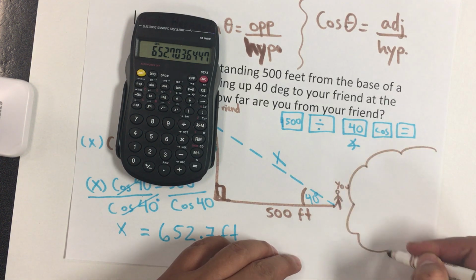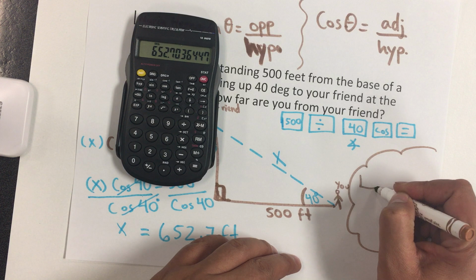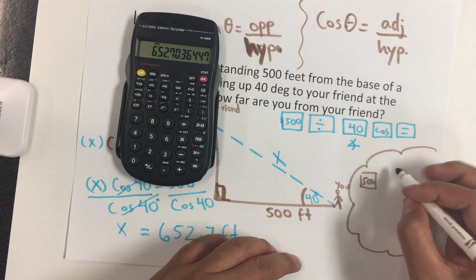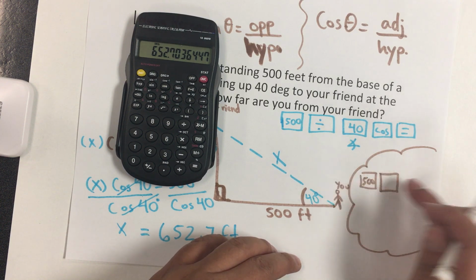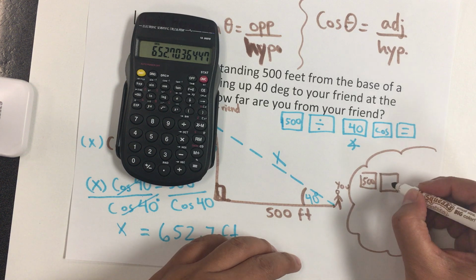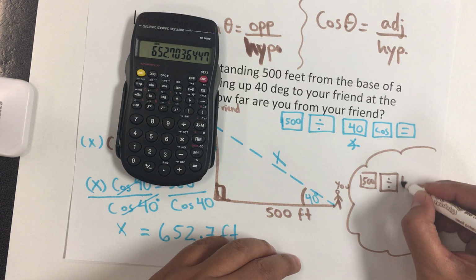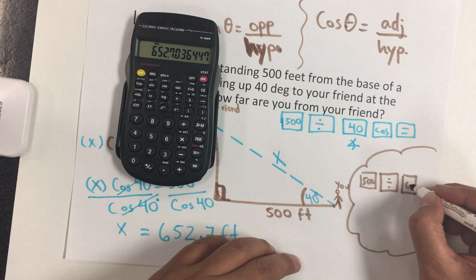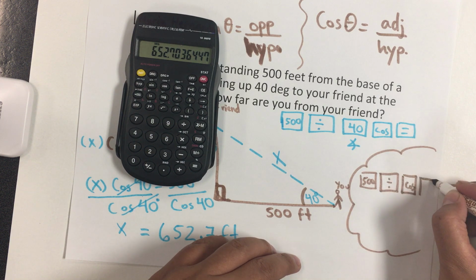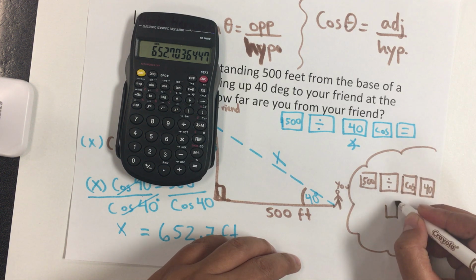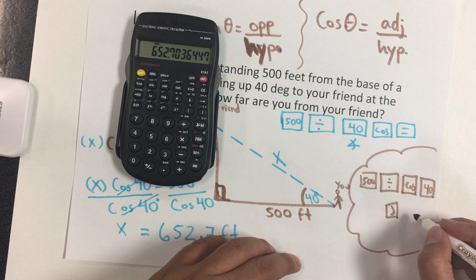Okay. For those calculators that are the other way, you just do 500, and it's not going to fit in one line, so I'm going to have to go down here. Divided by, you do cosine, then you do 40, then after that you close parentheses, and finally equal.